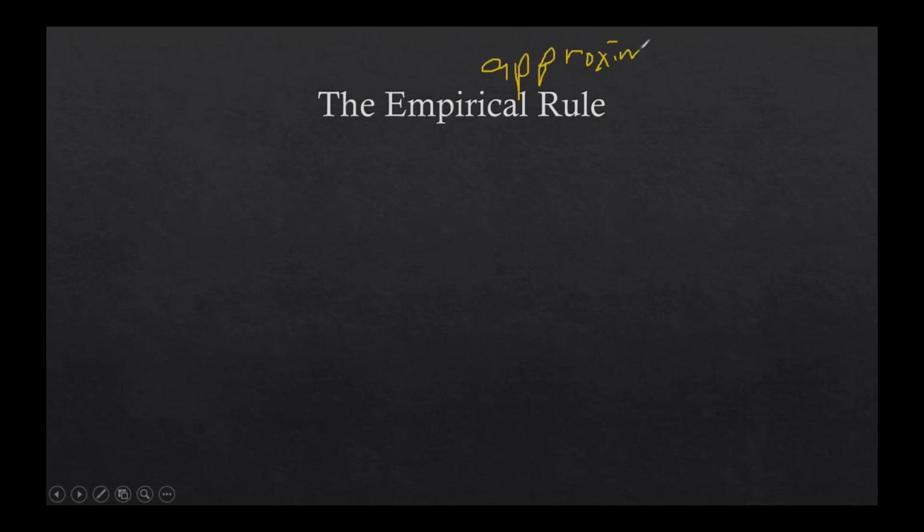It's really a limitation of the empirical rule that it's not very accurate. So if you're just looking for a quick and dirty way to approximate some probabilities, the empirical rule might be your friend. But you're going to see pretty quickly how limited it really is in terms of its use. But I want to show you an example of what it is and how it came to be.